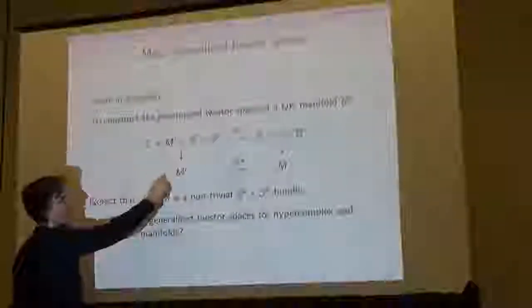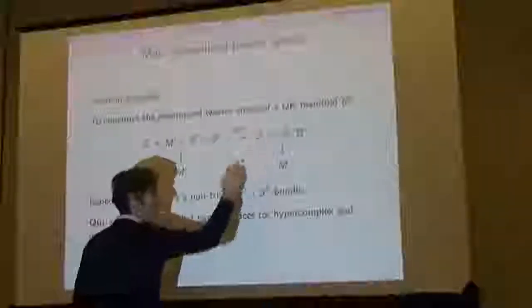Then I think if you quotient this by the H star action, you get a space over here that would be the generalized twistor space of the quaternion Kahler manifold. So that would be the next of the four quaternionic geometries.